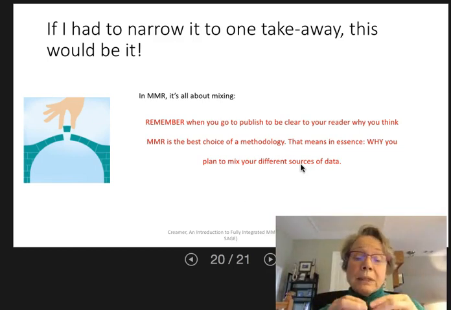Usually that's in your purpose statement. If you're clear in the beginning with yourself, it helps the design of the research as well as it helps your reader understand it. So that's really the most important takeaway lesson from this overview of the second chapter.